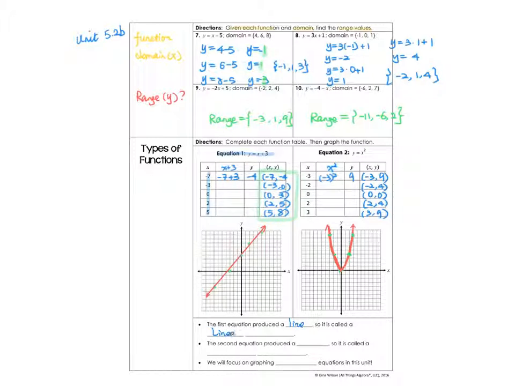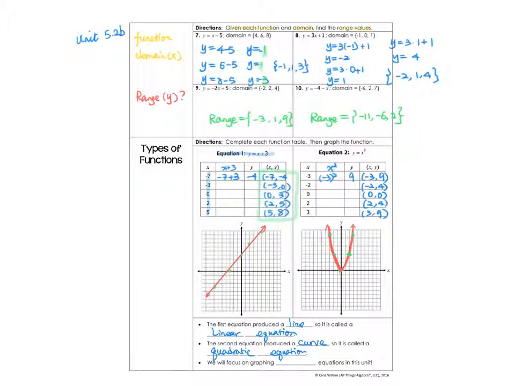Linear means it comes from line, right? It looks like a line. A linear equation. And the second equation produced a curve. So it's called a quadratic equation.